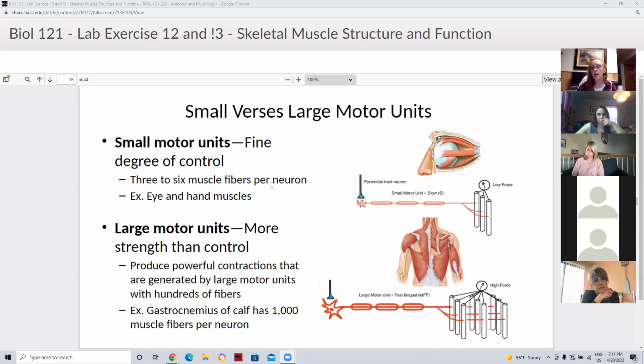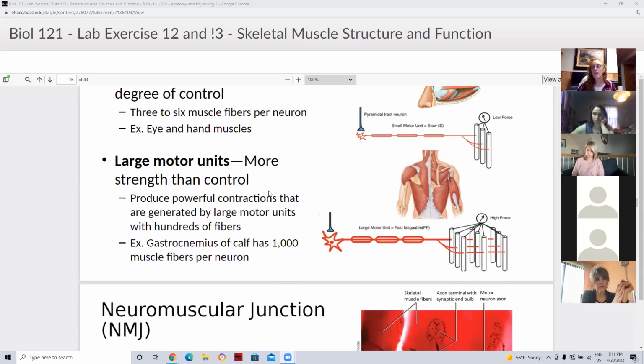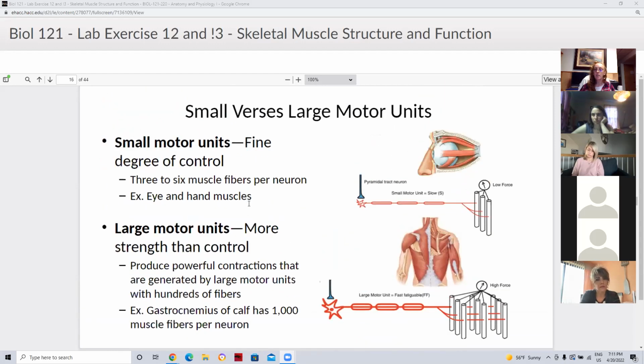Examples are your eye and hand muscles. We have larger motor units that require more strength than control. If you think about your eye and your hand muscles, we talked about writing and training your cerebellum.